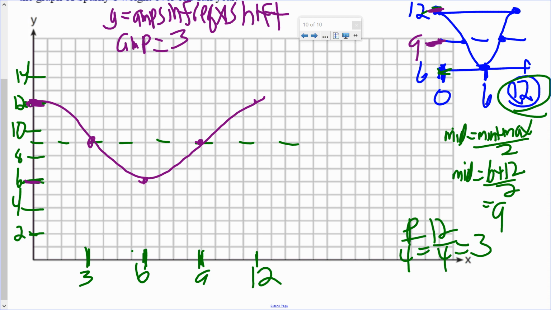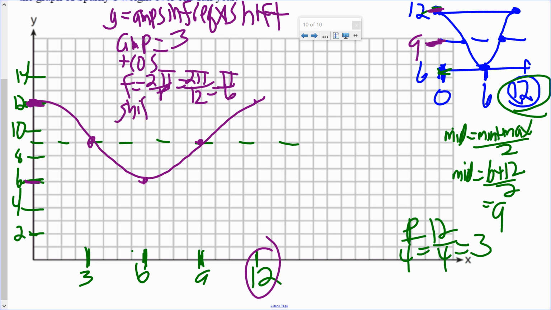This thing starts at the max. It's a positive cosine. Frequency is 2 pi over the period, which is 2 pi over 12, which reduces to pi over 6. And my shift is my midline, which is 9.